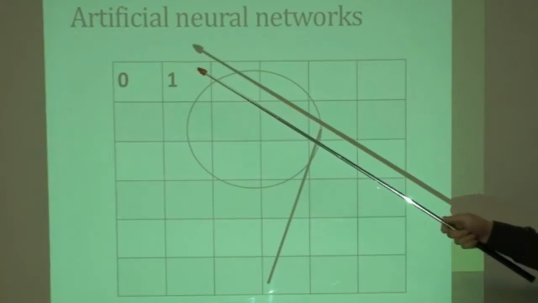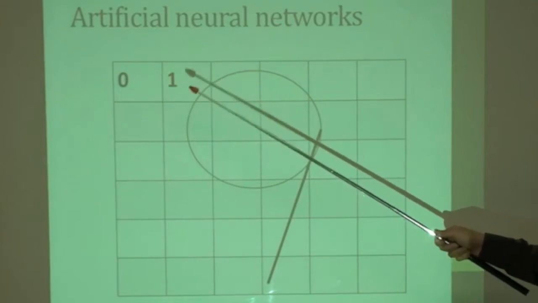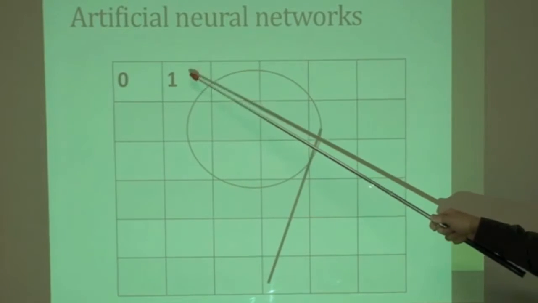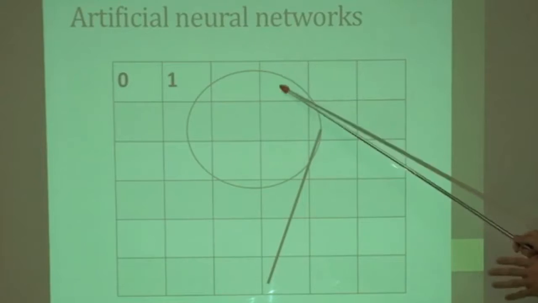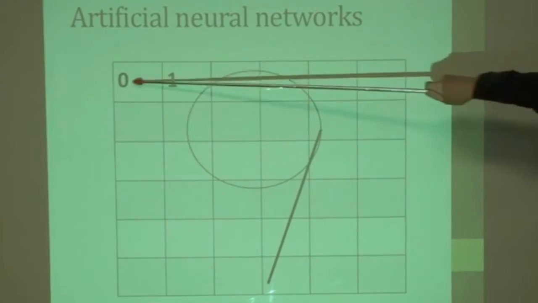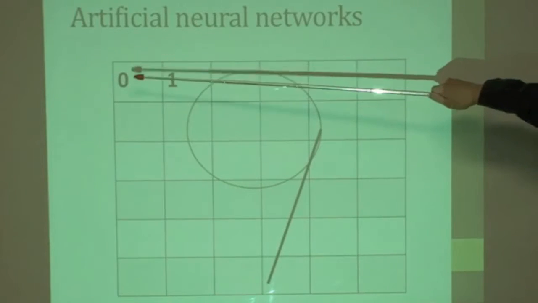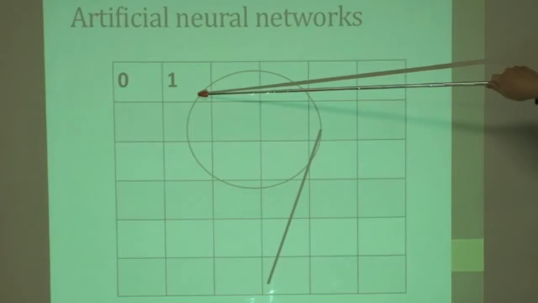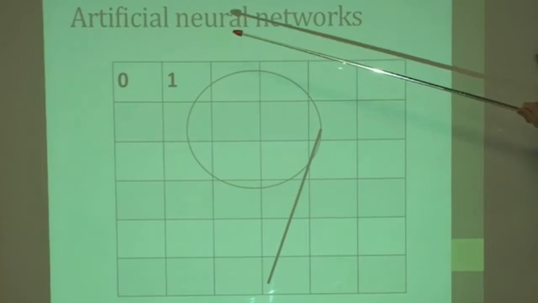For each unit, if there is ink in the unit, the input will be 1. If there is no ink, the input will be 0. For example, there is no ink in this unit, so it is 0, and there is some ink in this unit, so it is 1.